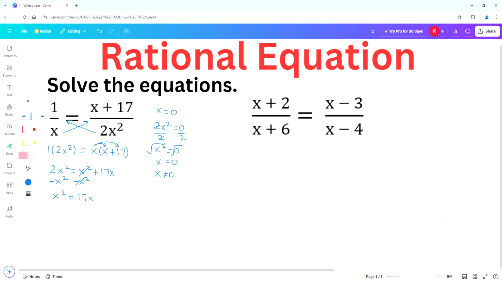We should subtract 17x from both sides. We can factor this equation. We can do common factoring. We can factor out x from both terms.